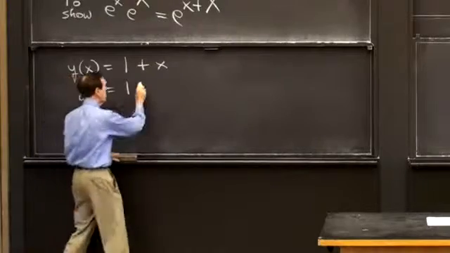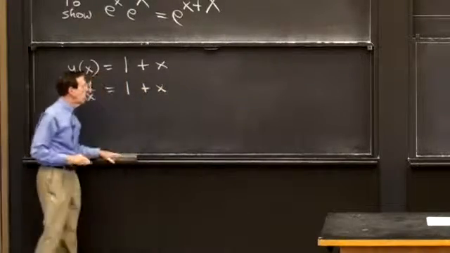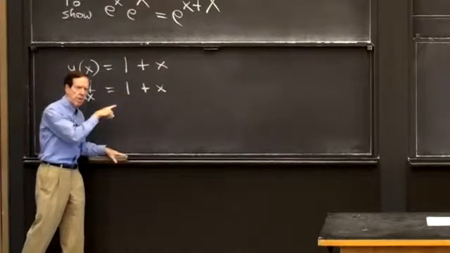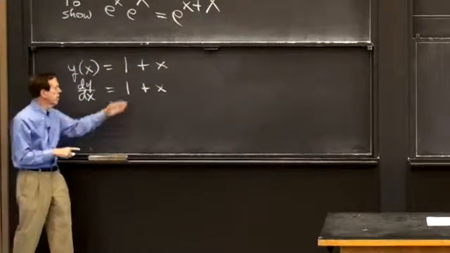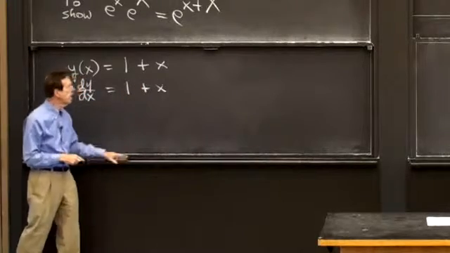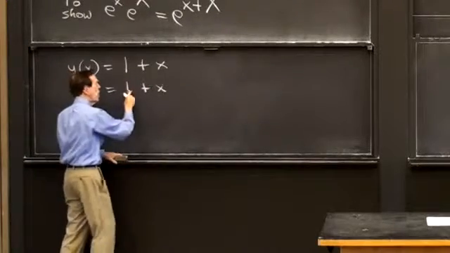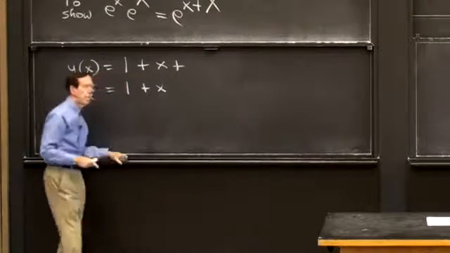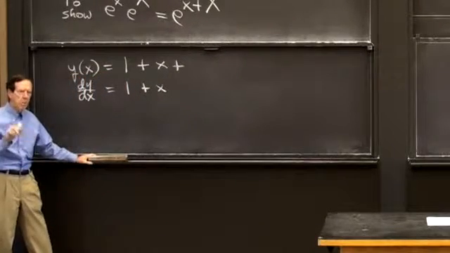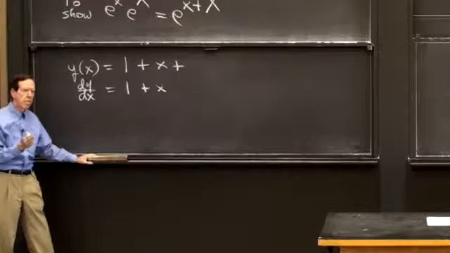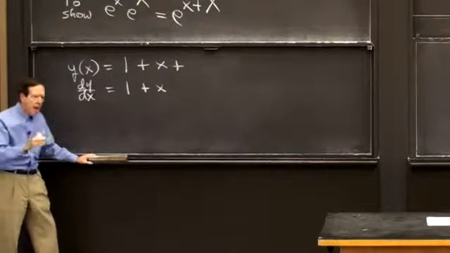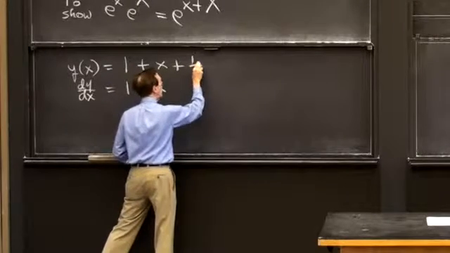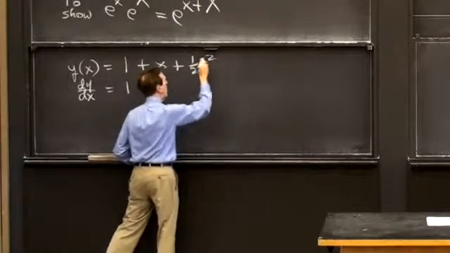So I have to put this x also here. But now I've got to add something more on the top so that the slope will be 1 plus x. The slope of the x was 1. What do I need here to give the slope to be x? Remember, x squared had the slope 2x. So I need half of x squared so that I'll have 1x. So I need a half of x squared.